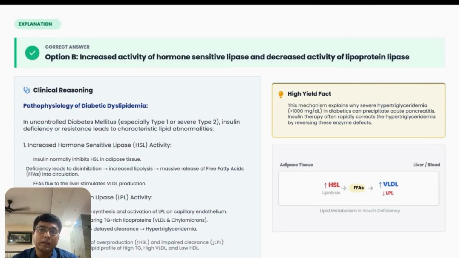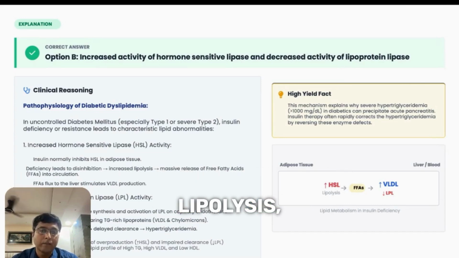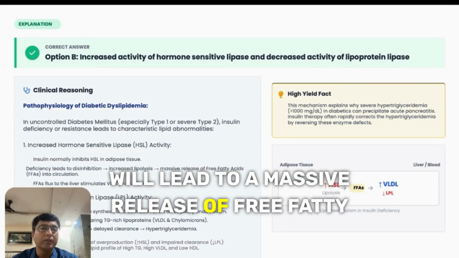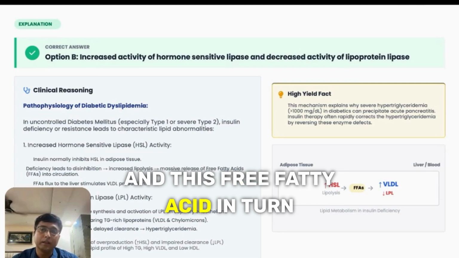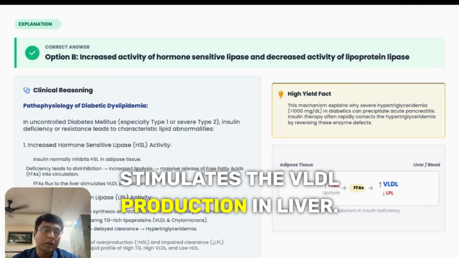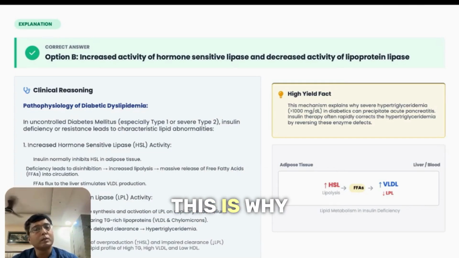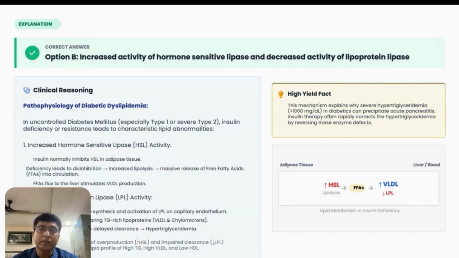HSL ultimately causes increased lipolysis, and that leads to a massive release of free fatty acid or FFA into the circulation. And this free fatty acid in turn stimulates the VLDL production in liver. This is why the VLDL level is increased in that case.